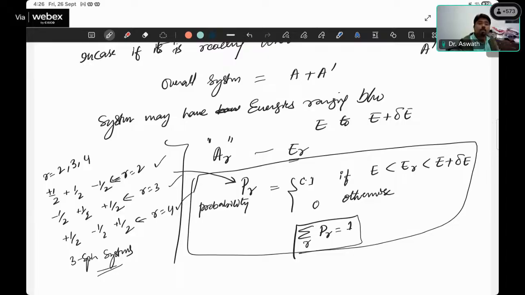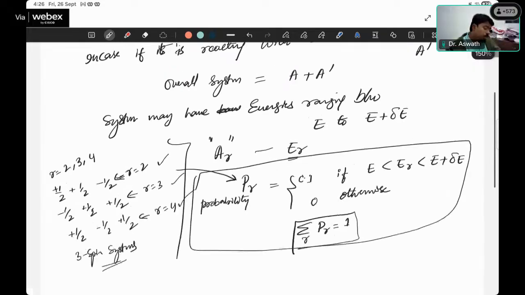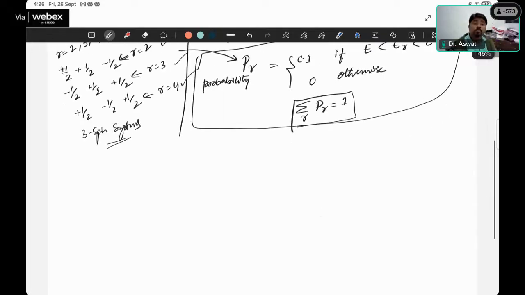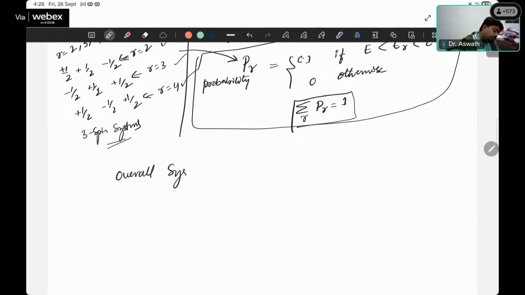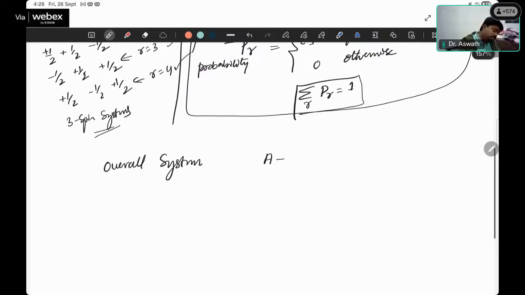Now, what is the overall energy? The total energy we have to worry about. Overall system is system plus environment, so I'll say overall.